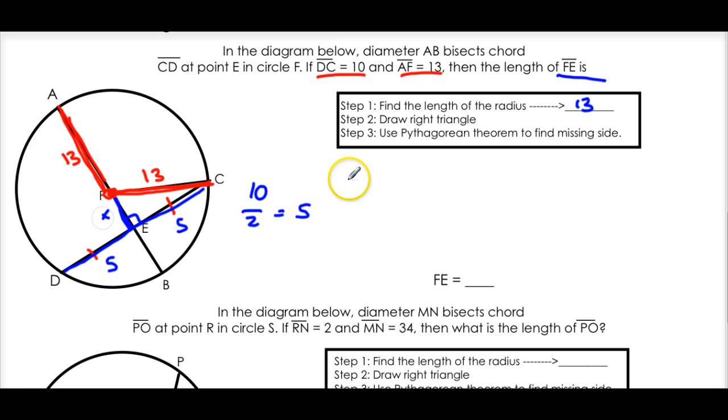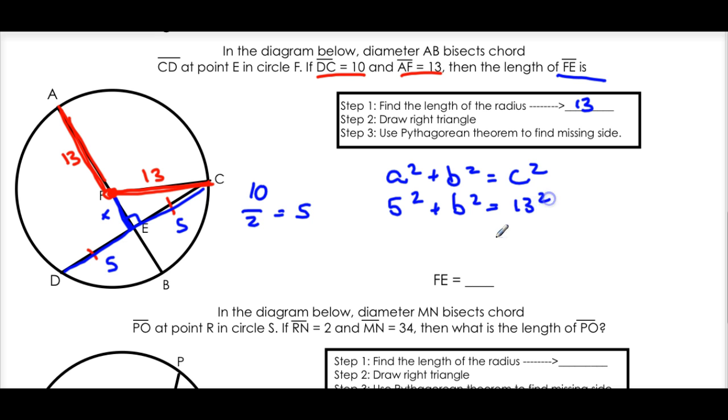And once again, I can use the Pythagorean theorem, which is just A squared plus B squared is equal to C squared. All right, let's plug what we know in. We know A is 5, okay? We don't know what B is because that's our other leg. And we know C, which is across from my 90 degrees, is 13 squared. We're going to solve this equation now. 25 plus B squared is equal to 169.